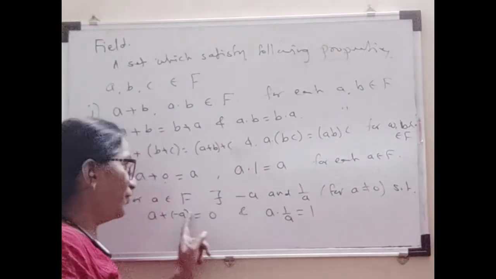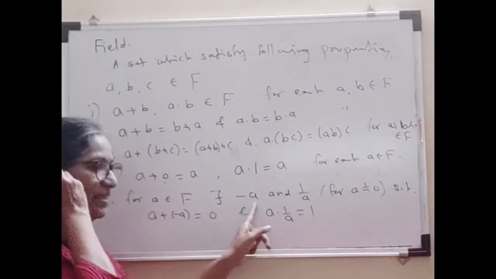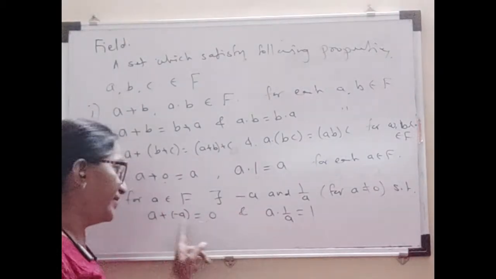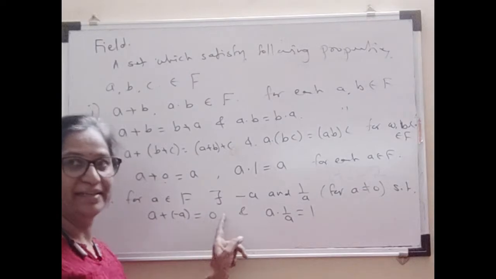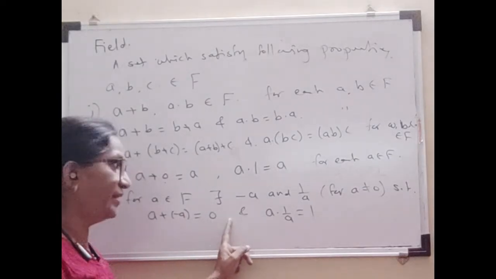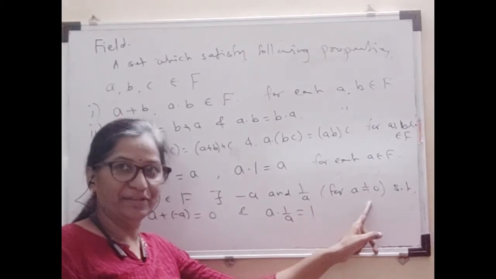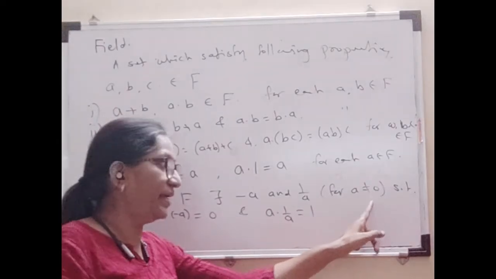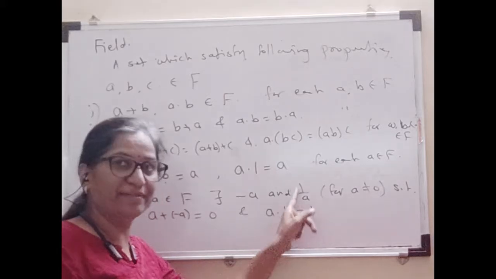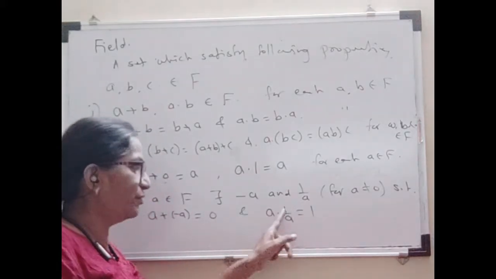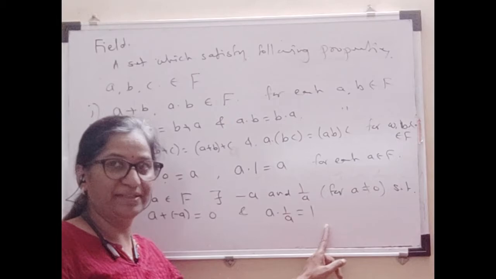So for every element a there should exist minus a such that a plus minus a is the additive identity, and for each non-zero a belonging to F, there should exist 1 upon a such that a into 1 upon a is equal to the multiplicative identity.